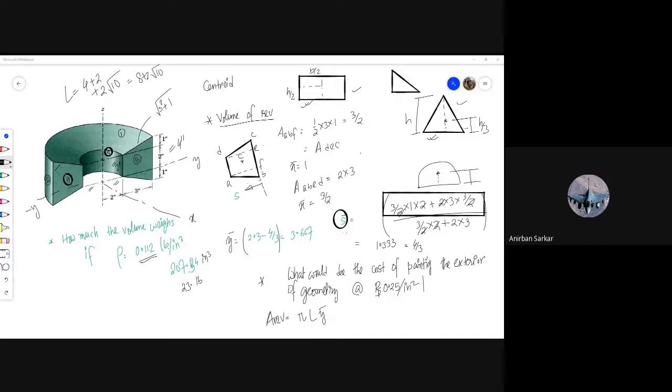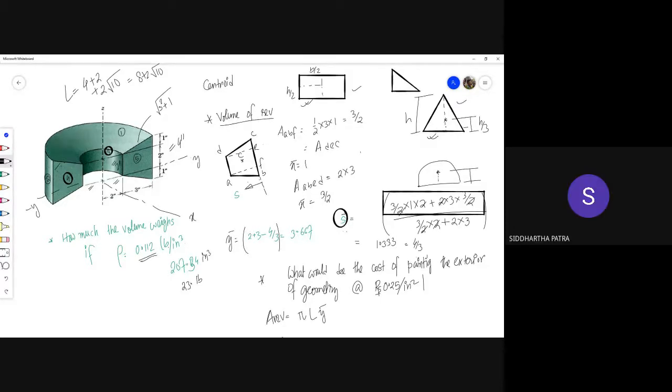The exterior area is coming 201.06 square. Okay. So A exterior would be A revolution plus twice into 3 times, so 4 plus 2 by 2, so 3 again.